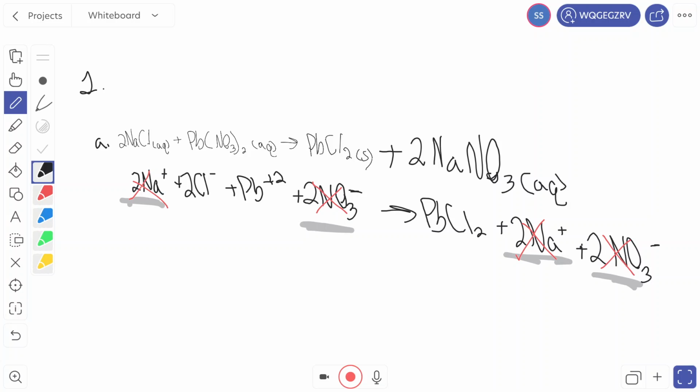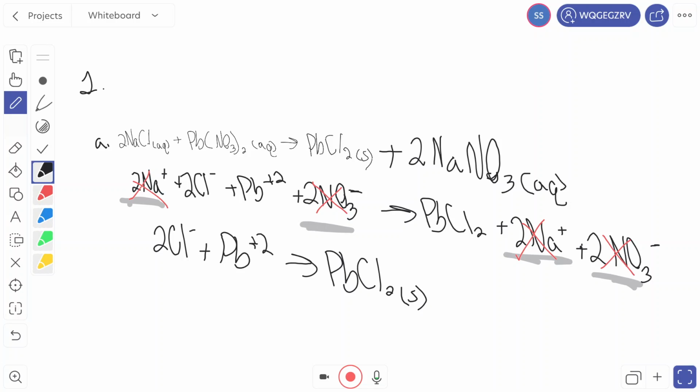So 2Cl− plus Pb2+ yields PbCl2 solid. What I was saying earlier is that this is finding what the reaction's doing.